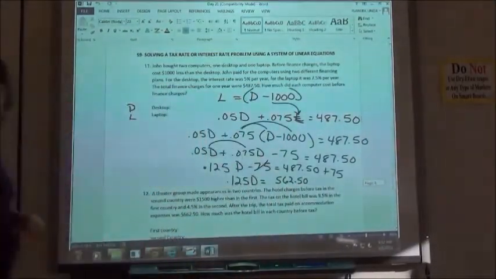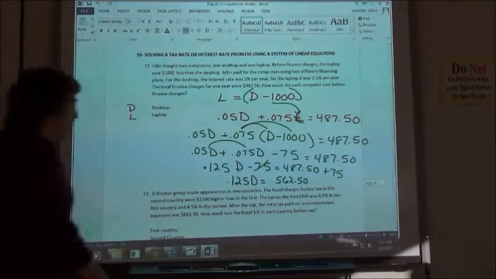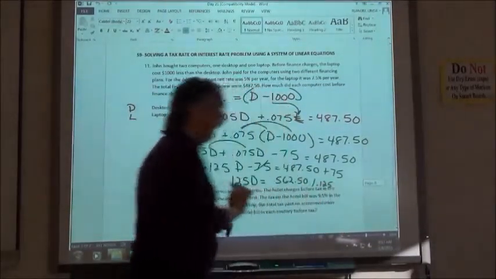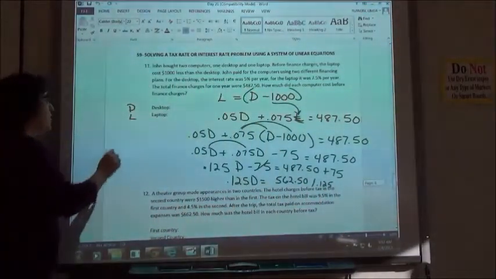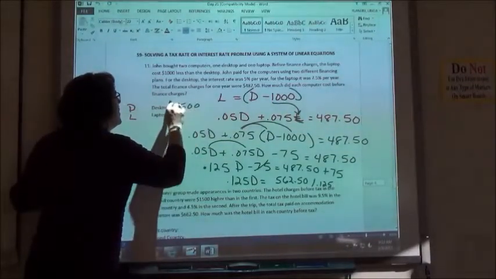And then in order to solve that, all I'm going to do is divide by my 0.125. 4,500. So my desktop D is $4,500.